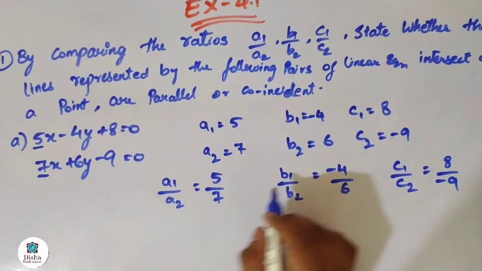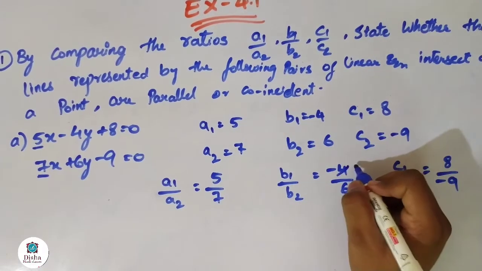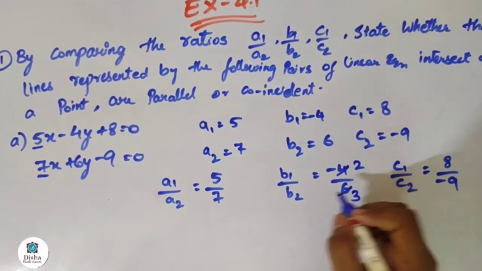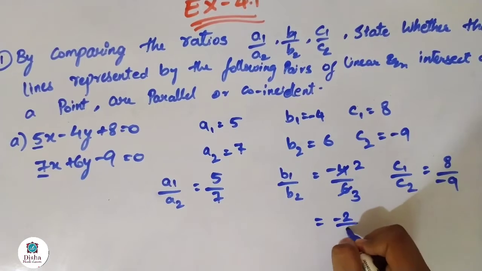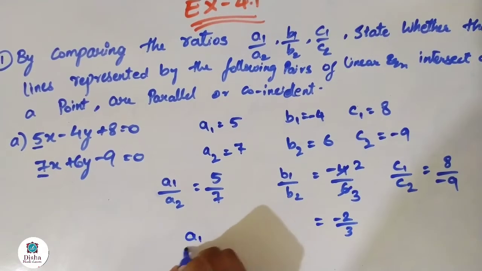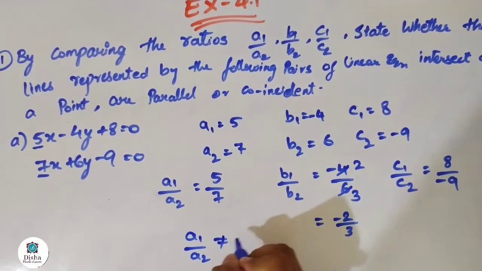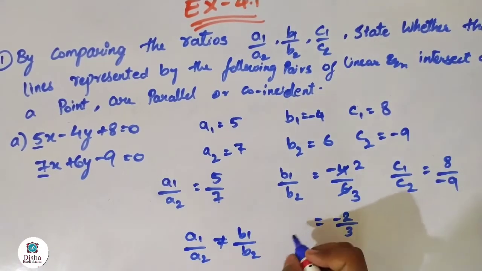So is a1 by a2 equal to b1 by b2? Let us solve. 2 2s are 4, 2 3s are 6. So minus 2 by 3. Therefore a1 by a2 does not equal b1 by b2.